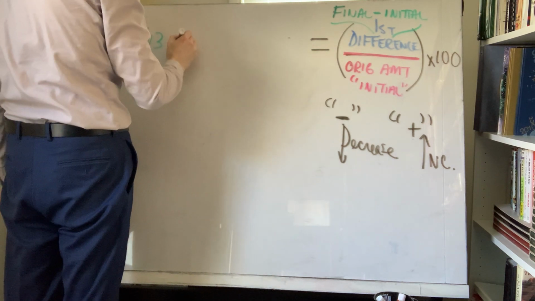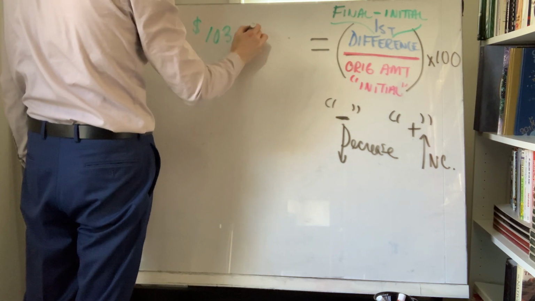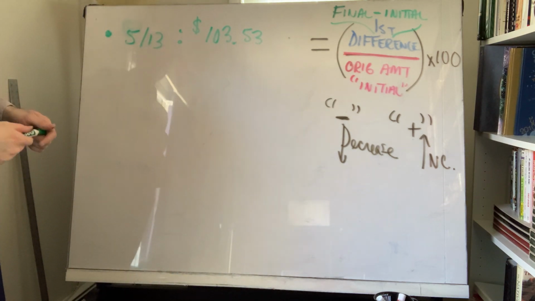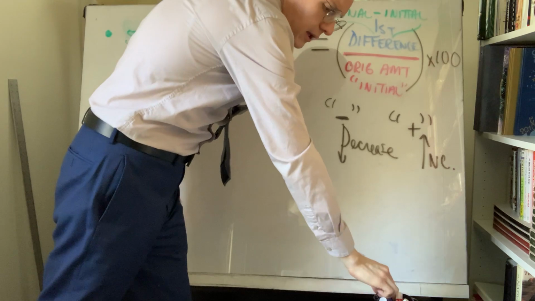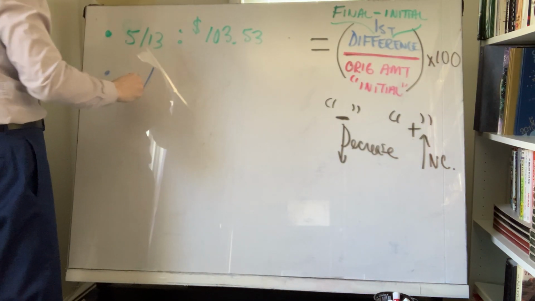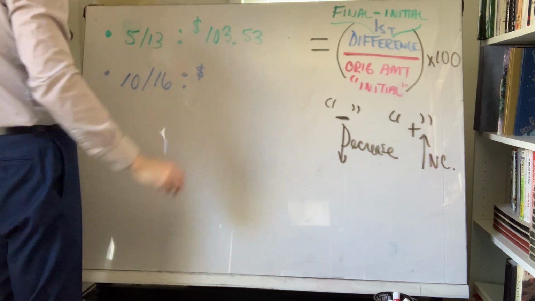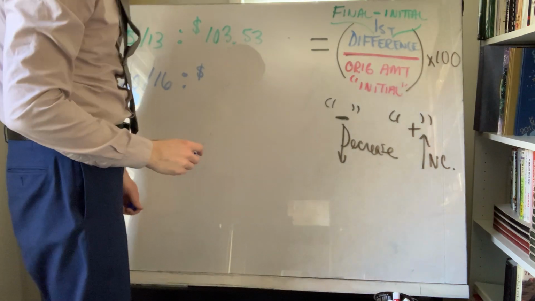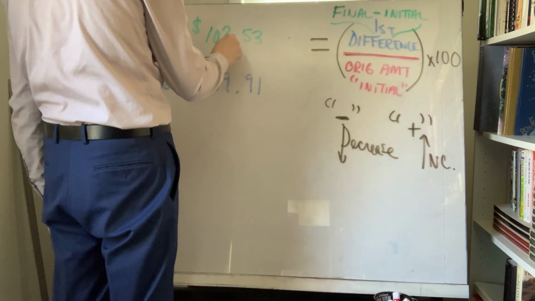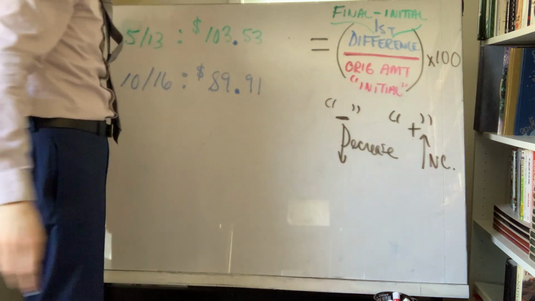The price of one share was apparently $103.53. Later on, in October, 10/16, the same share was worth $89.91. Somebody ate too many hamburgers and wasn't happy.